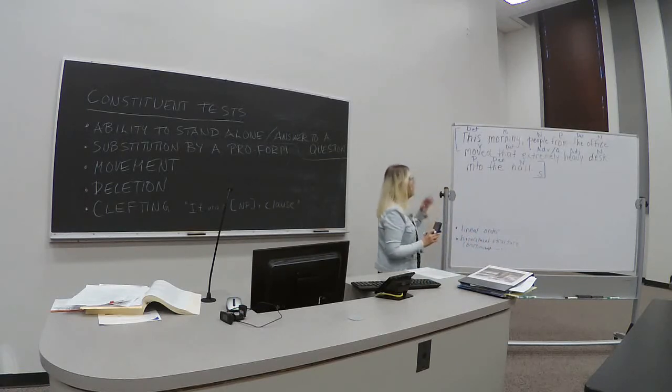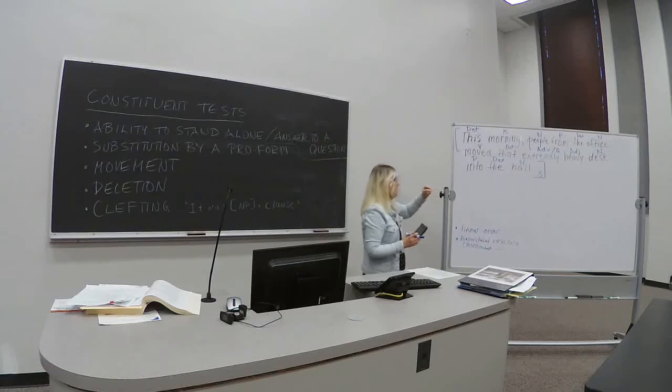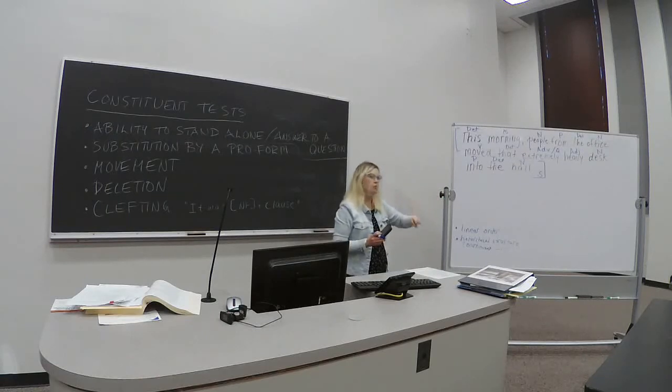So if I ask you, we have this sentence identified here as the largest constituent. If I ask you to divide the sentence into two of its most important parts, where do you draw the line?